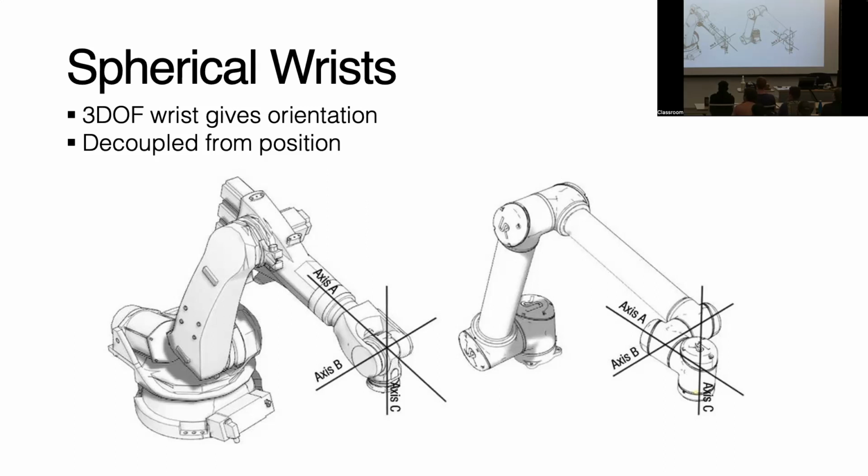And then you're allowed to position the orientation of the end effector, which is the point at the end, with these additional 3 degrees of freedom. So you get the 6 degrees of freedom that allows you to position and orient whatever tool you have at the end anywhere in space.